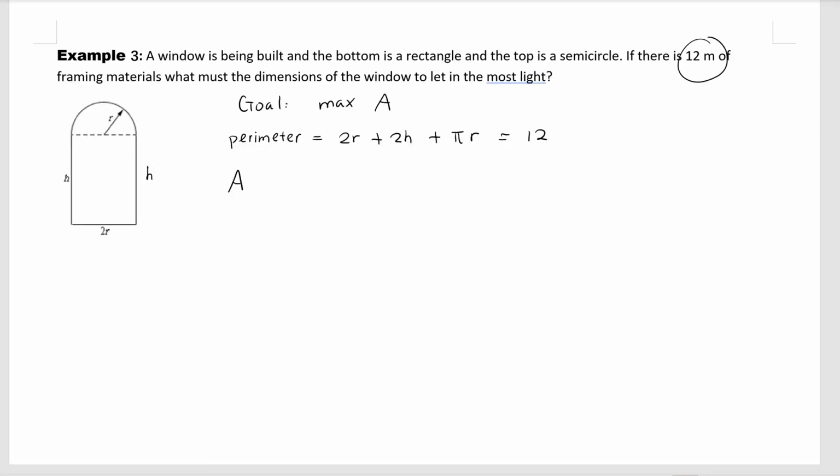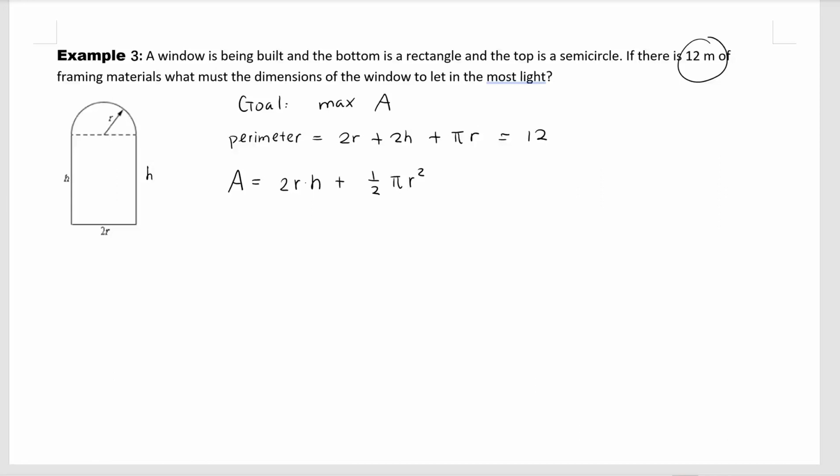Okay, so what is the area? Well, we have a rectangle, so that's length times width. So 2r times h. And then we have the semicircle, which is half of the area of a circle, half pi r squared. Okay, everybody? So let's continue.